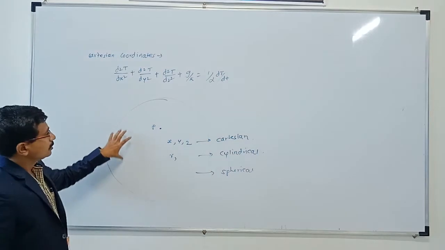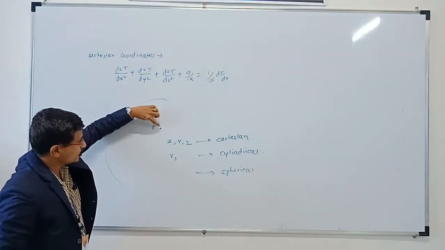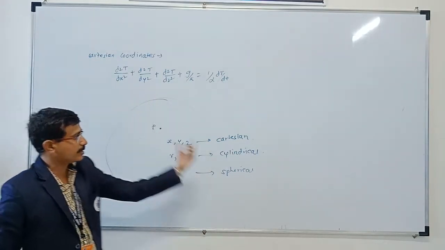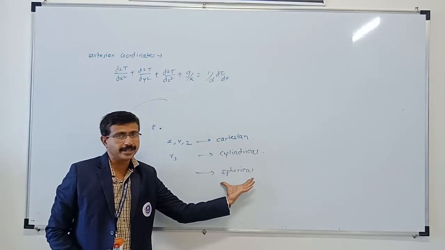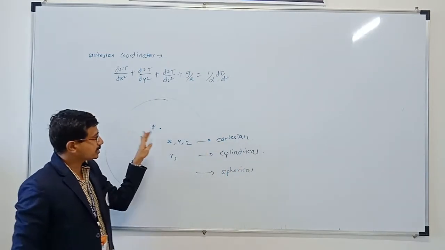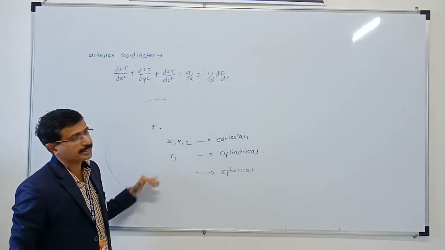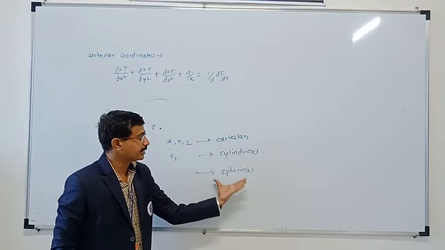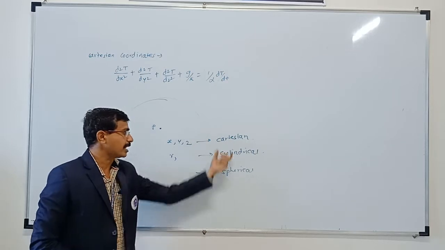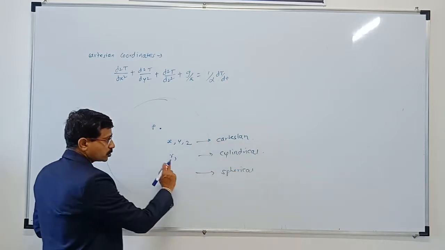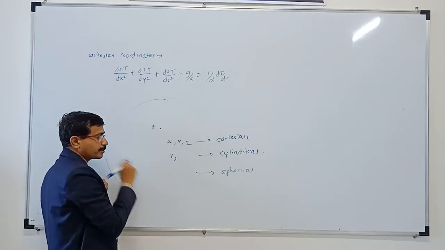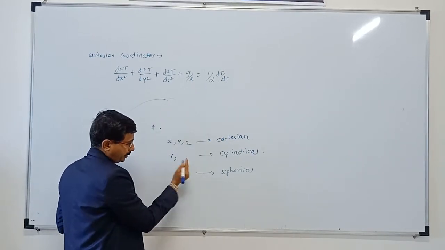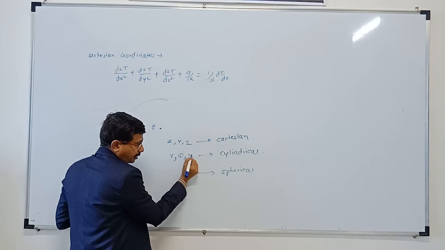So the position of any point is given by Cartesian, cylindrical or spherical coordinates. The position is the same, only the method of indication is different. These are the different coordinate systems you will learn in mathematics. So what is cylindrical? It is the radius of that point from some reference point, r, then theta and z.